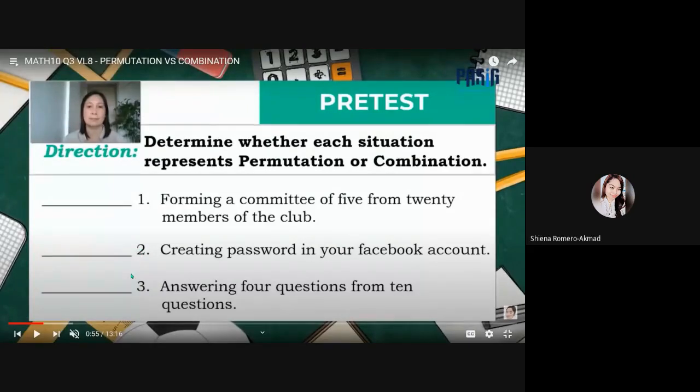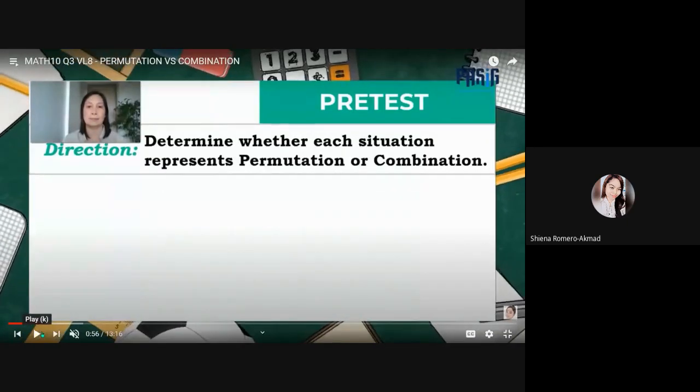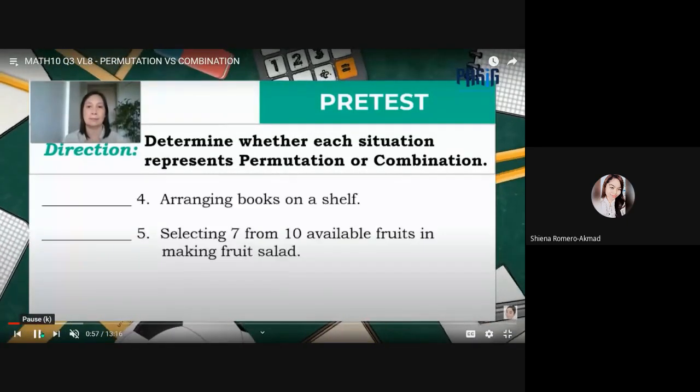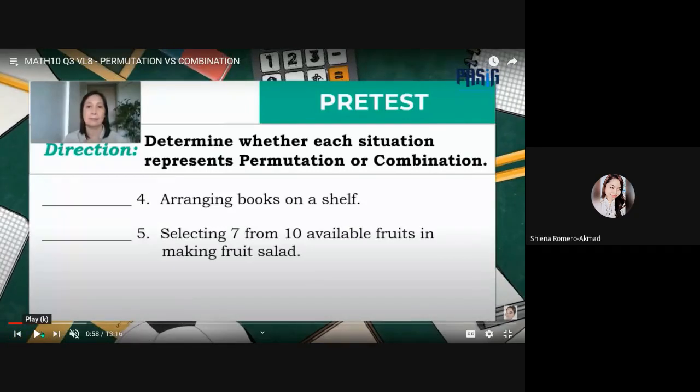So it will give you different passwords also. Number 3, answering 4 questions from 10 questions. Number 4, arranging books on a shelf. Permutation.